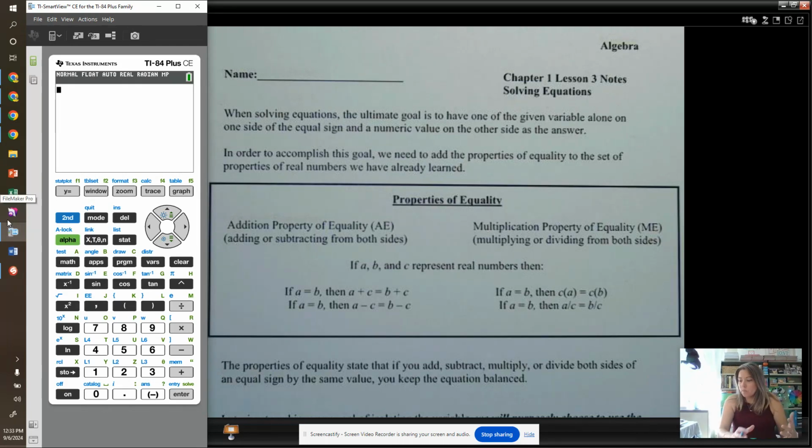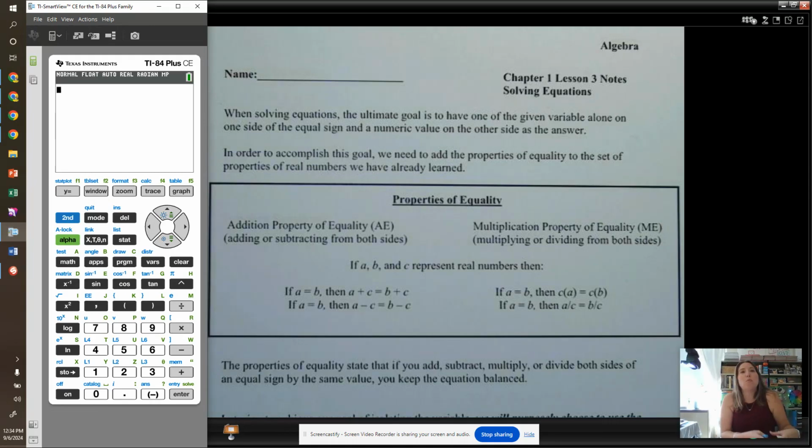So, we have solved equations in the past. We are really going to just be rehashing the same things that you have done previously for solving equations. What we want to make sure we're applying here are the properties of real numbers that we used in Lesson 2 in conjunction with the properties of equality, the addition property of equality and the multiplication property of equality, which are just telling us that whatever we do to one side of the equal sign, we also have to do to the other side of the equal sign.